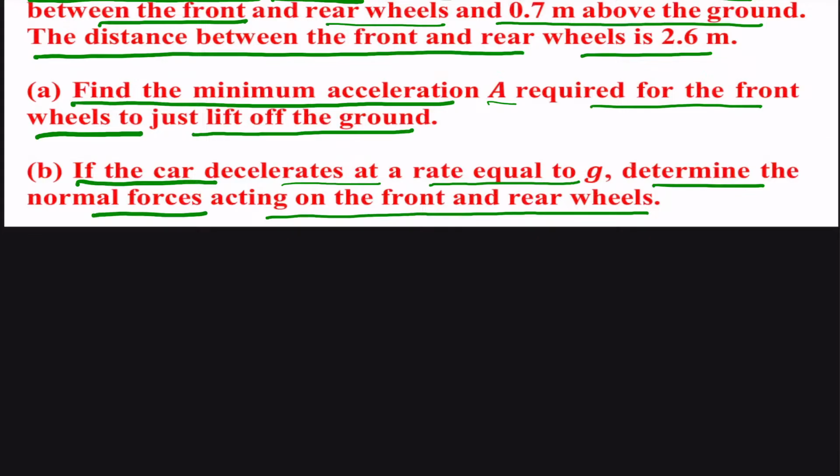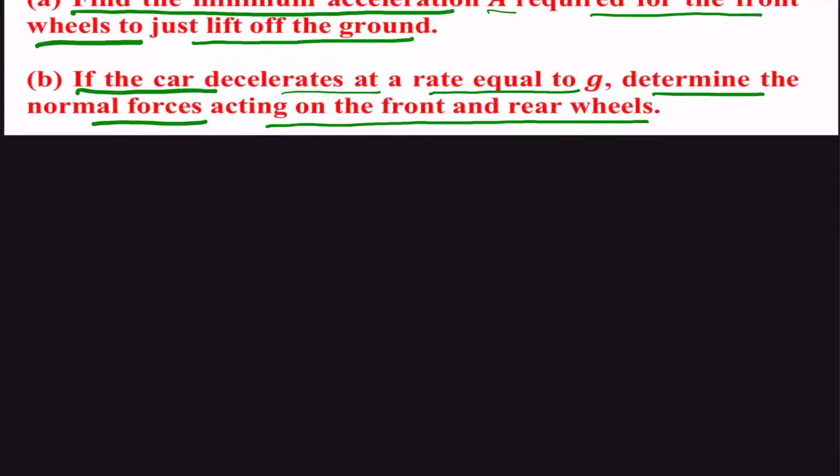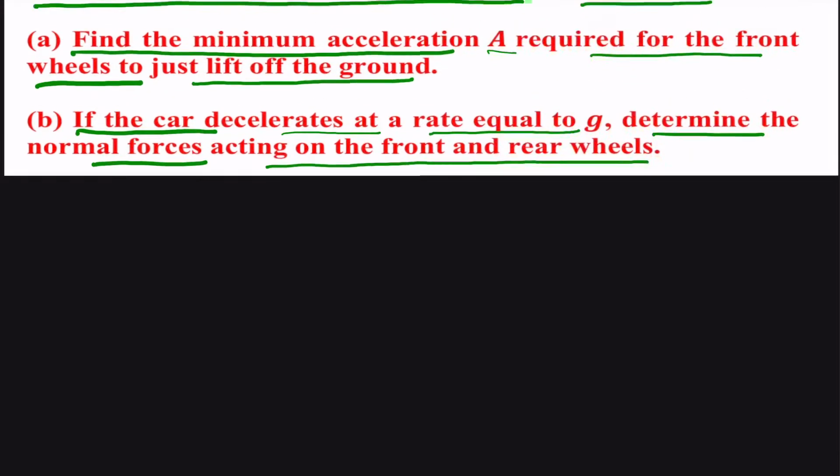So let us draw an approximate figure. We are given that we have a car which is moving with the acceleration of A. So let us suppose this is our ground and we have a rear wheel of the car and this is our front wheel of the car, and we can just draw the car something like this.